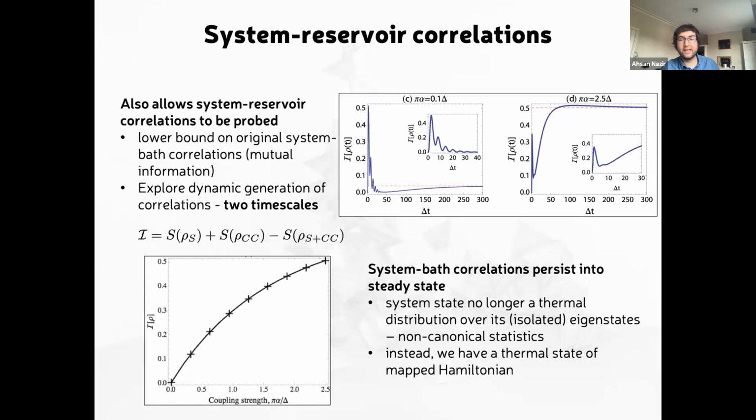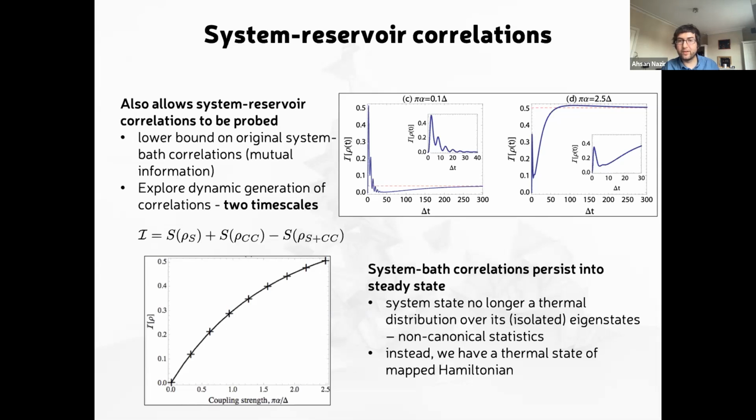So the system state itself, if I were to trace out the collective coordinate, is no longer in a thermal distribution over its own eigenstates, the eigenstates of the isolated system Hamiltonian. So in that sense, it's non-canonical as far as the system itself is concerned.